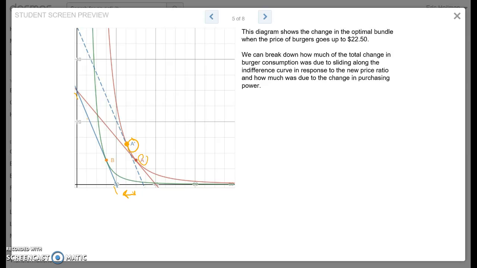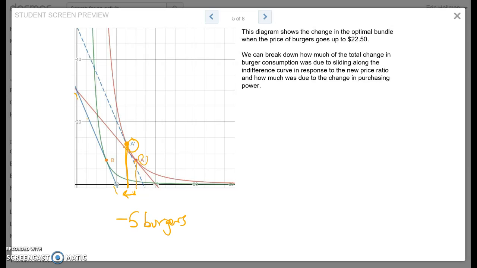That changed from A to A prime, so it looks like about 5 burgers' worth. So if you look, I was at 30 burgers, and now it looks like I'm at 25 burgers. So that negative 5 burgers, that's the substitution effect. Burgers got more expensive, so I'm going to move away from burgers and towards milkshakes to stay equally happy.